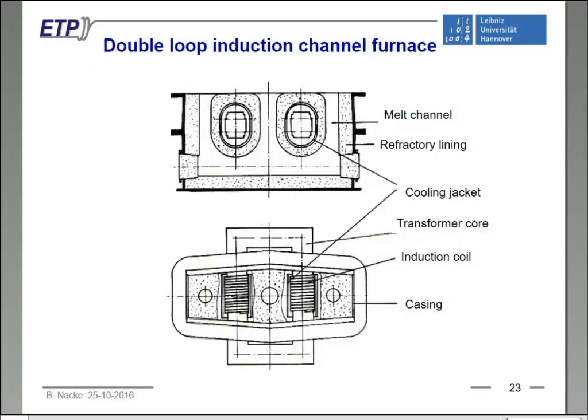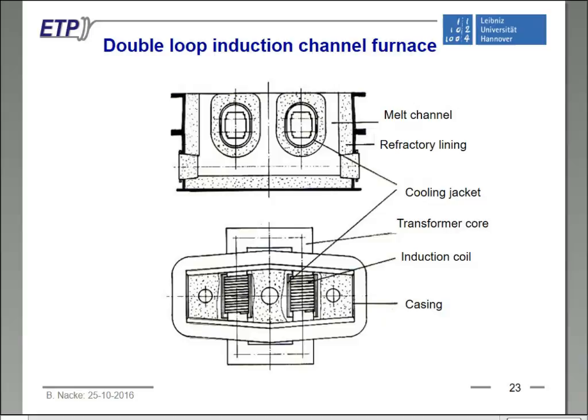For melting non-ferrous metals, metals with high electrical conductivity, we typically use the double loop induction channel furnace, which, as you see here, has two loops of the channel. This is a typical inductor for aluminium melting. Of course, we then also need two coils, but we still need only one magnetic yoke.